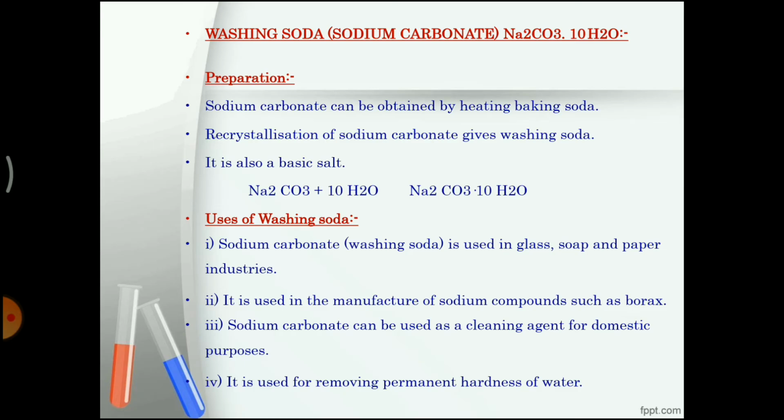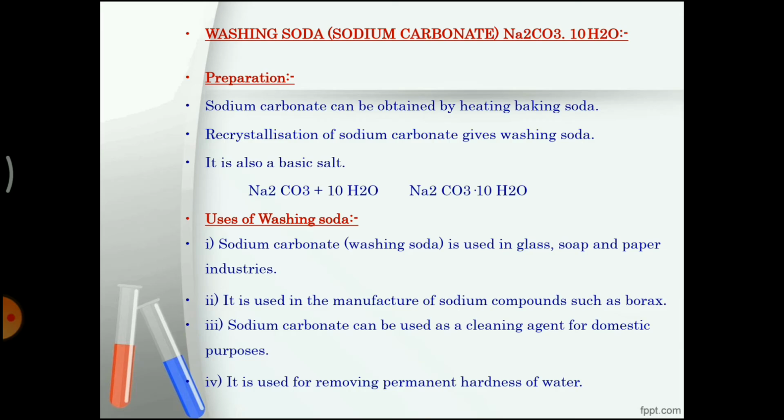Sodium carbonate and sodium hydrogen carbonate are useful chemicals for many industrial processes. See here the uses of washing soda. Washing soda or sodium carbonate is used in glass, soap and paper industries.